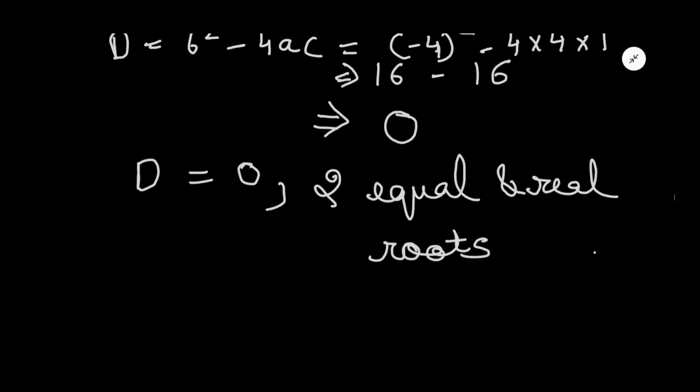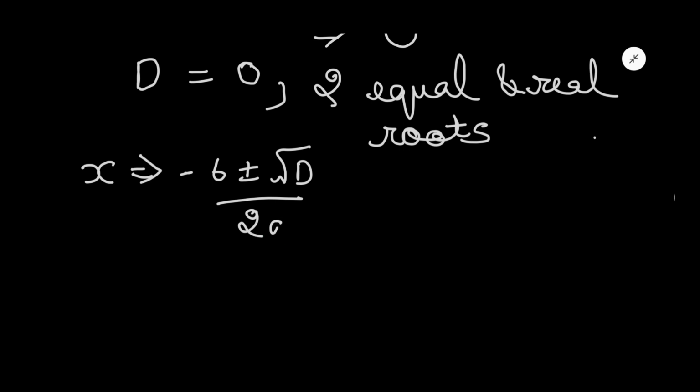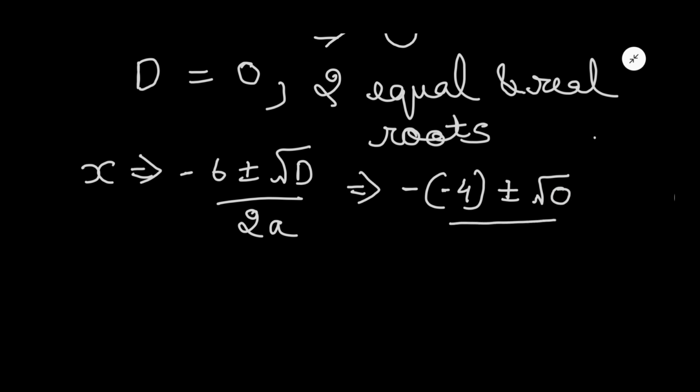Let's check that by finding the roots of this equation. The formula to find the roots of the quadratic equation is minus b plus minus under root D upon 2a. So the value of b is equal to minus 4, our D comes out to be 0, and the value of a is 4.